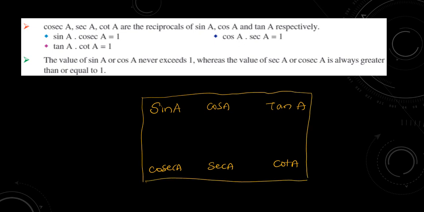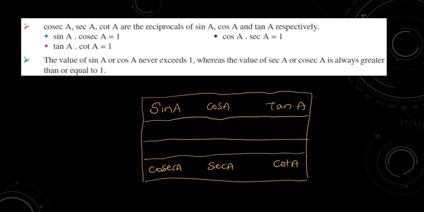If you can remember this table, then you will never forget those trigonometric ratios, right? Now if you can draw it like this simply, then you can have all these things.